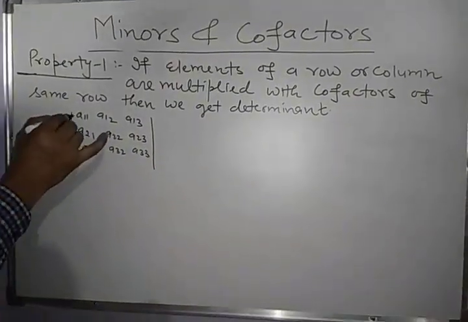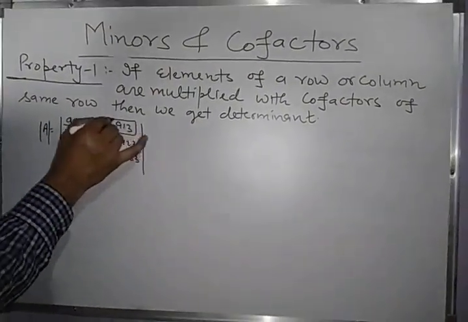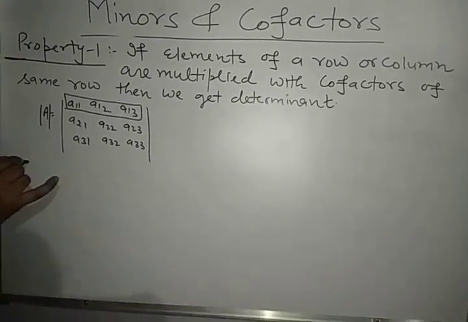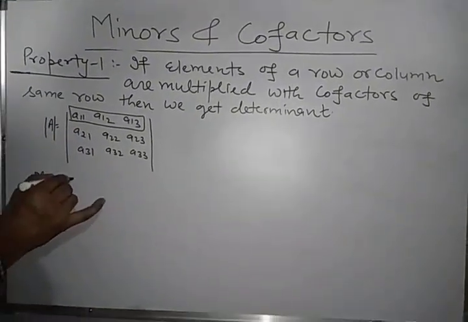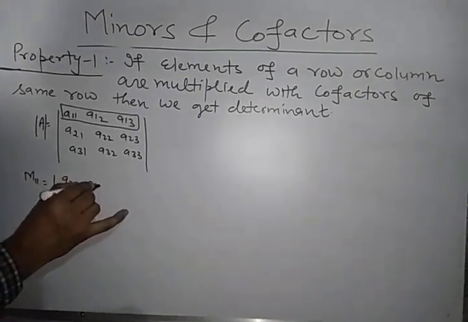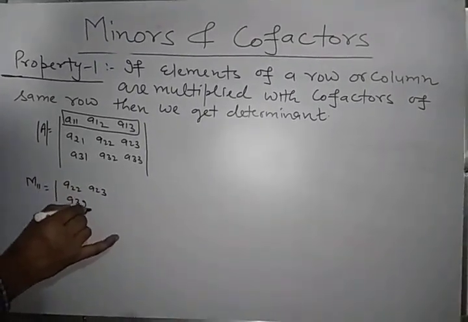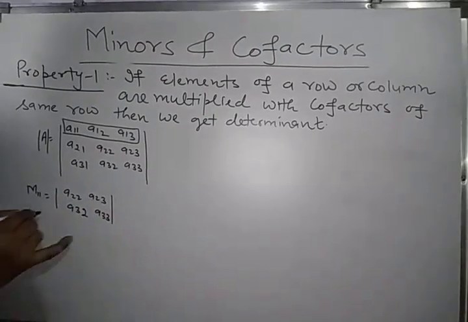So we will find the minors of this row. The minor of A11 is M11, which is the determinant of A22, A23, A32 and A33.